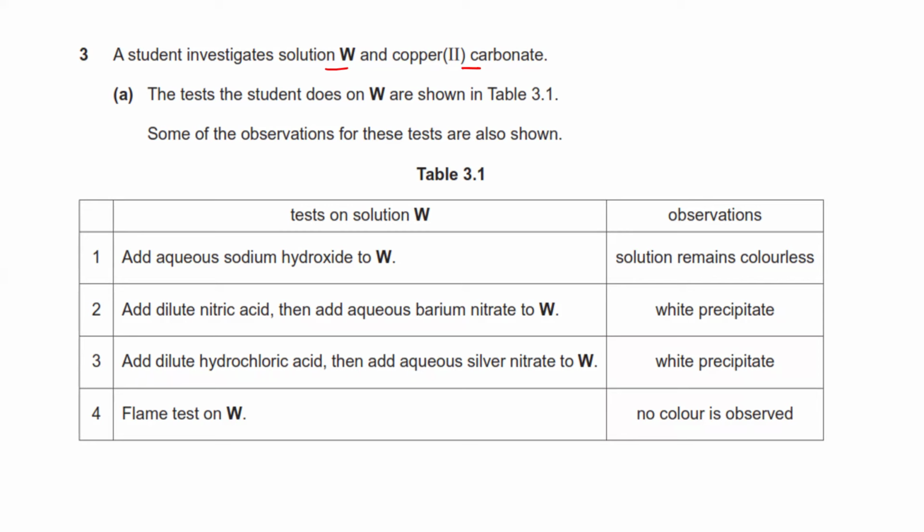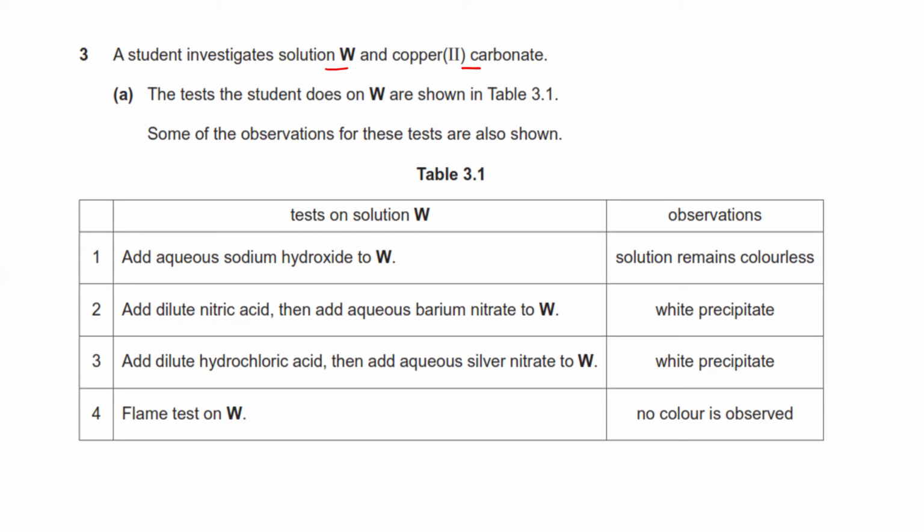Add dilute nitric acid and then aqueous barium nitrate to W. White precipitate is formed. And then it says add dilute hydrochloric acid, and then aqueous silver nitrate to W. Again, it says white precipitate. Plain test on W, no color was observed. Okay. So this is what is given to us.